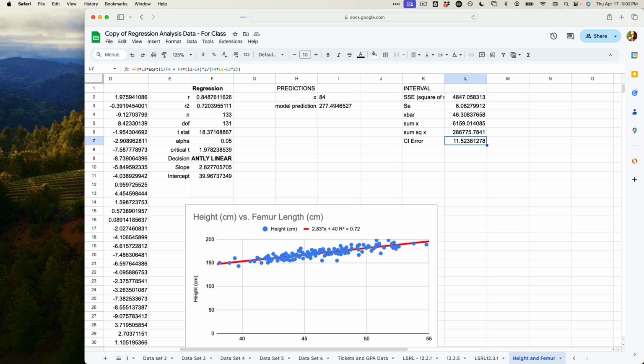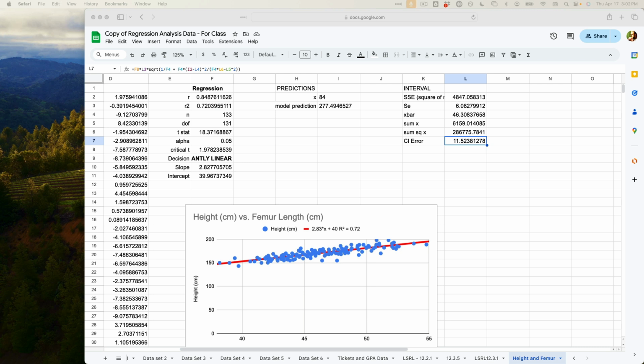So T alpha times SE times 1 over n. Hold on, I think there's a typo here. F4. Oh, hold on. I think I made a mistake here.